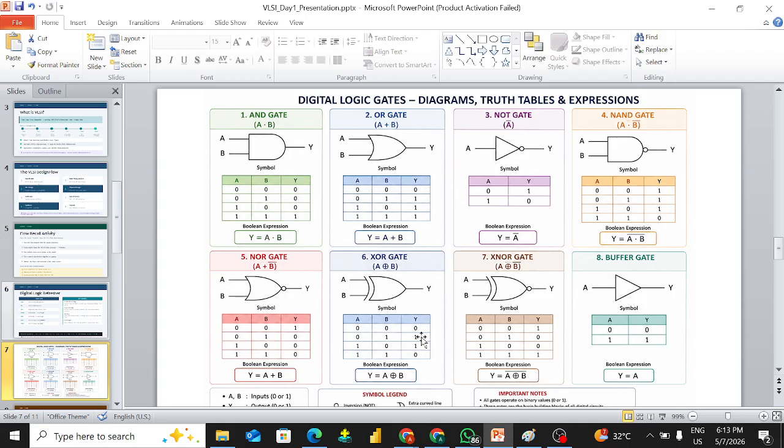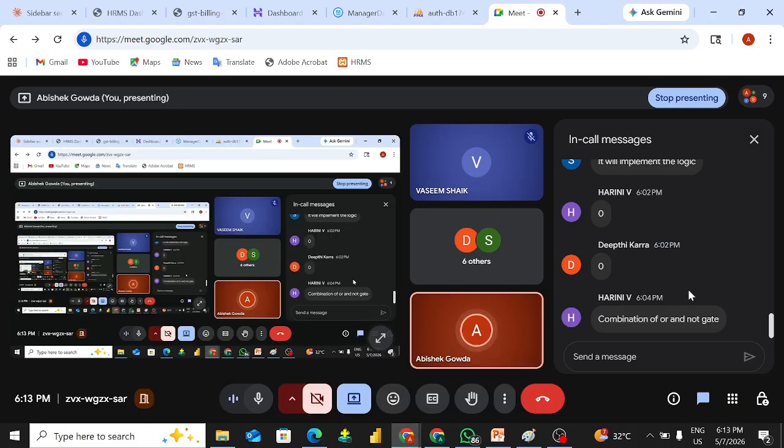Sorry guys. Can we continue with the buffer gate? Can any one of you state the buffer gate in the chat? Have you heard of the buffer gate? Guys, put a message in the chat so I know you are listening to the class.